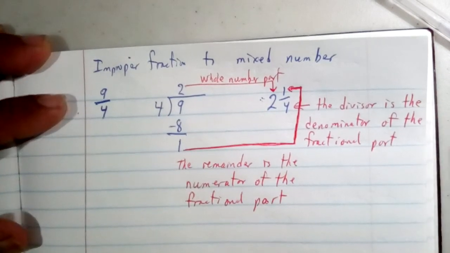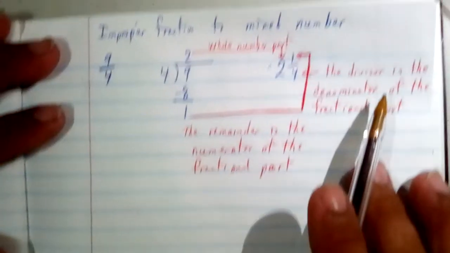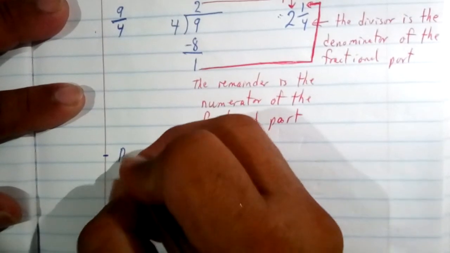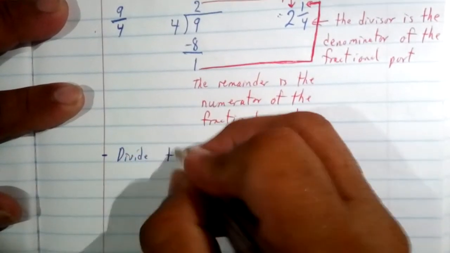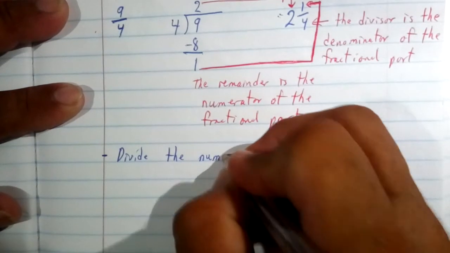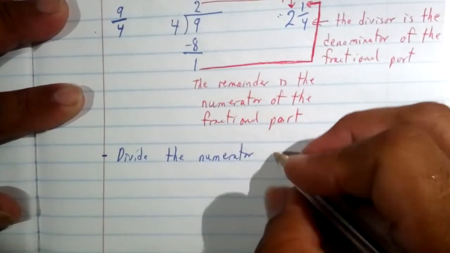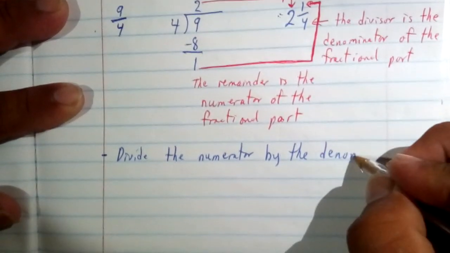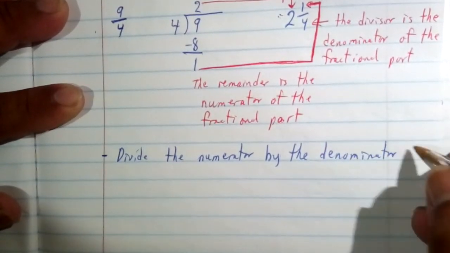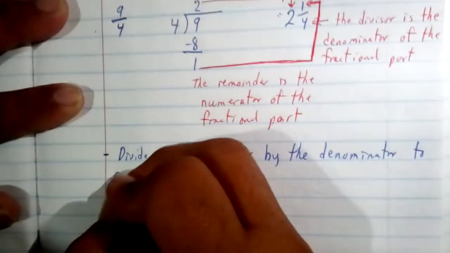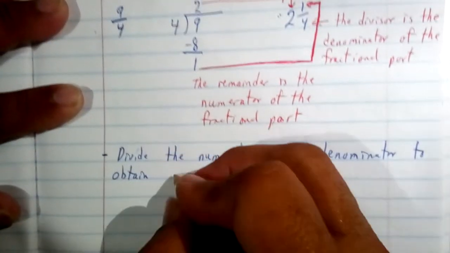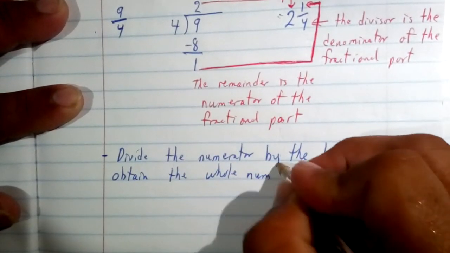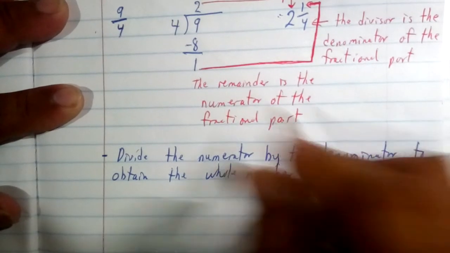So rules for getting an improper fraction to a mixed number. I'll give you two rules. One, divide the numerator by the denominator to obtain the whole number part, which we did here.